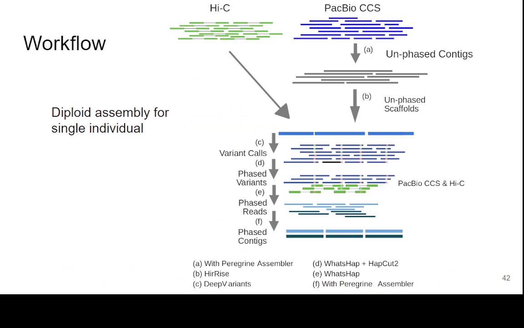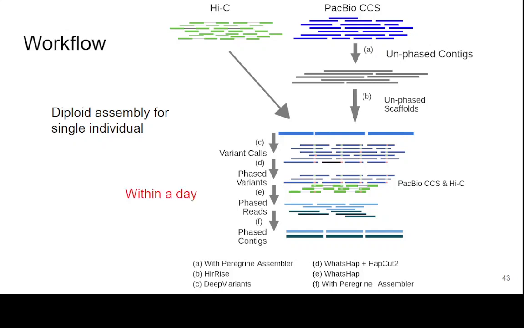And here we propose a workflow that combines HiFi and Hi-C to produce the chromosome-scale haplotypes. So we take the HiFi reads, and first we produce these contiguous sequences, and then we scaffold them using Hi-C. And further, we remap these HiFi reads to find the heterozygous SNPs, and then partition these reads into 2 sets to get the 2 haplotypes.